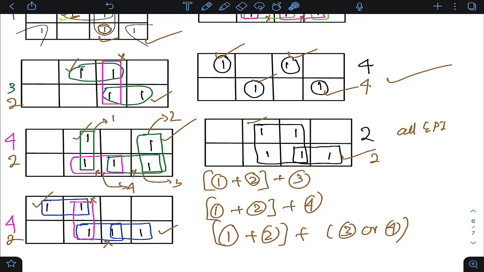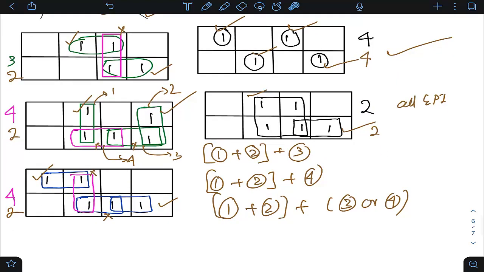So if I am considering all EPI, it is all covered. I don't have to think of anything else, because the PI count is 2 and both are EPI. Then there is no other possibility. Okay, then what about this case, friends? This one and this one it will definitely contain, and again the same story.